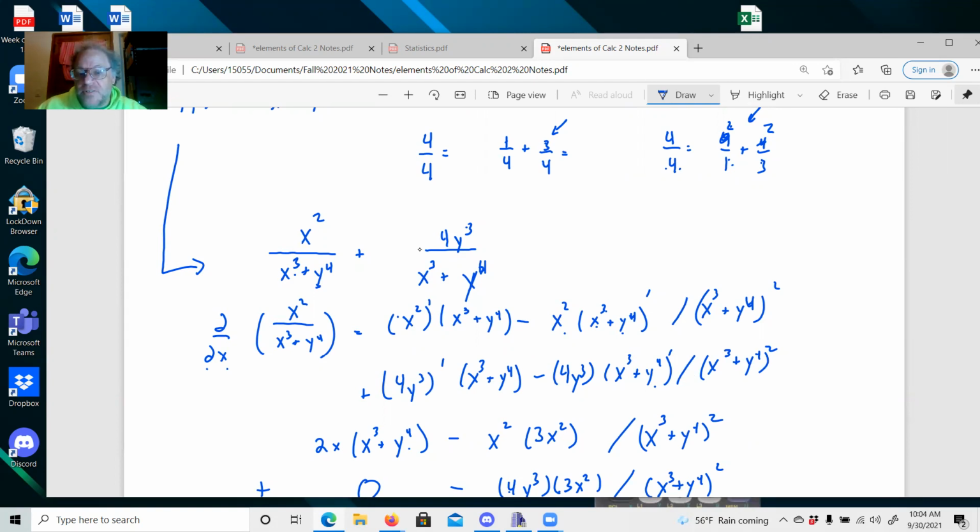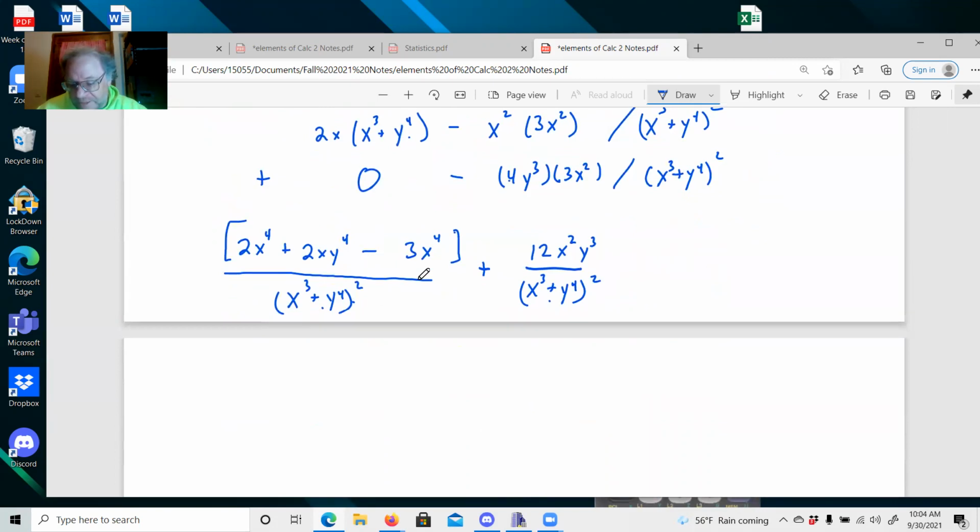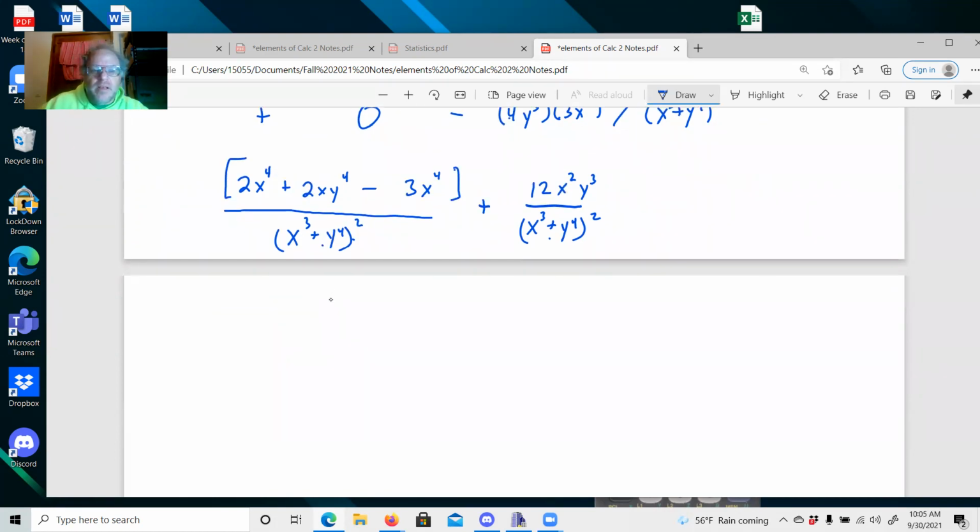Did you have to do this? No, not really. But again, if you're allowed to separate things out and take it into little pieces and put them together, that's what we have. So combining terms, right? 2x to the 4th minus 3x to the 4th. Well, that's a minus x to the 4th here, isn't it?